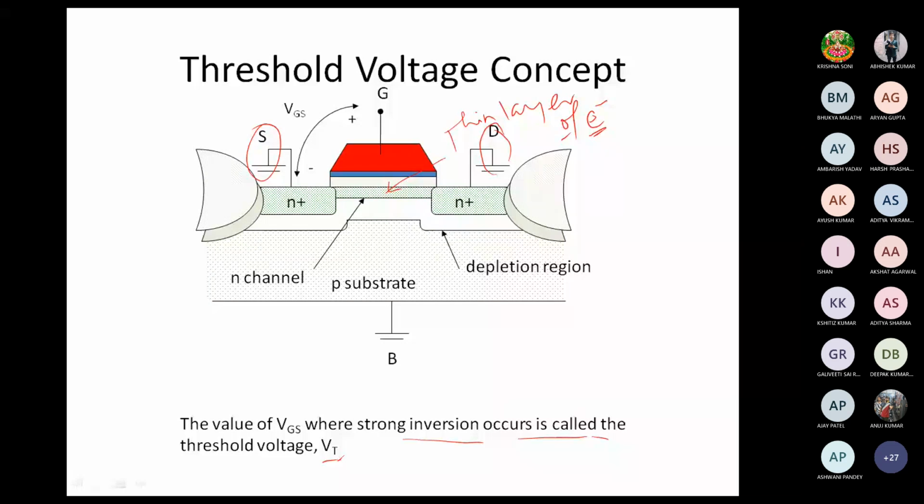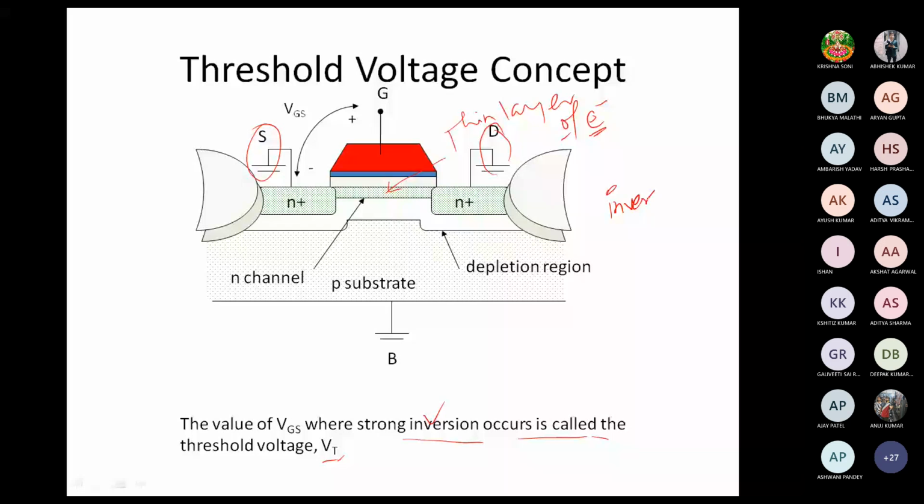To have more understanding of this, one can follow some device physics book and see what we mean by strong inversion. There are normally three inversion regions which are defined.